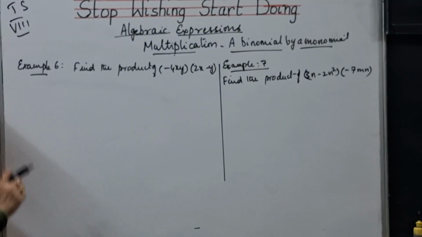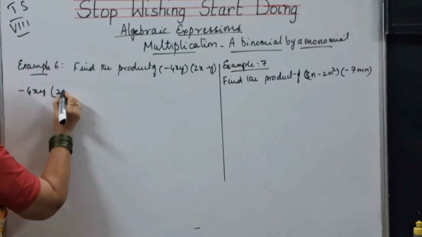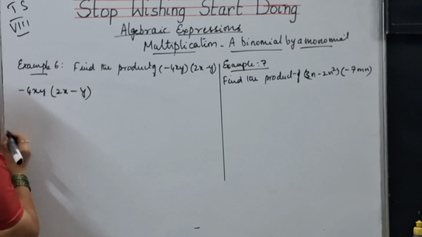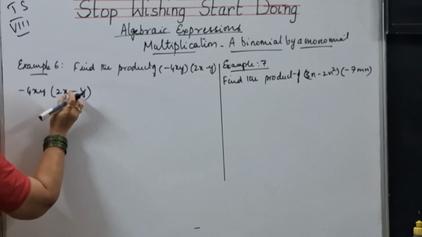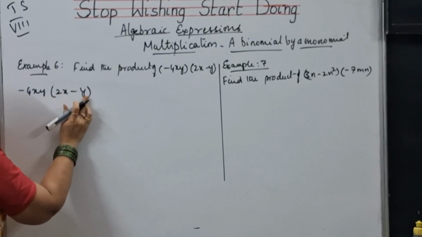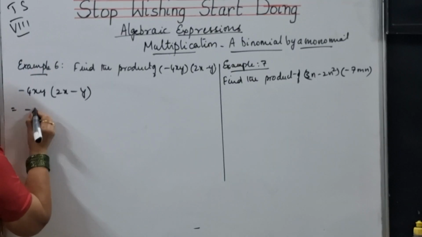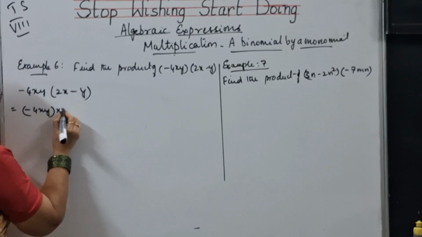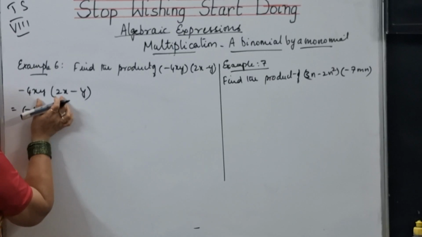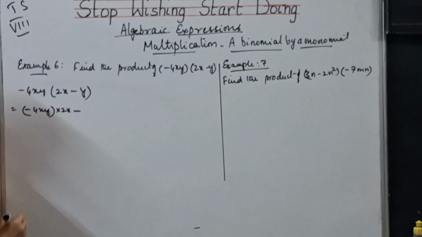Example 6. Minus 4xy into 2x minus y. So a into b, here minus is there, so minus a into c we have to write. So this can be written as minus 4xy into 2x. These two I have multiplied. Now this minus sign I am writing it here.